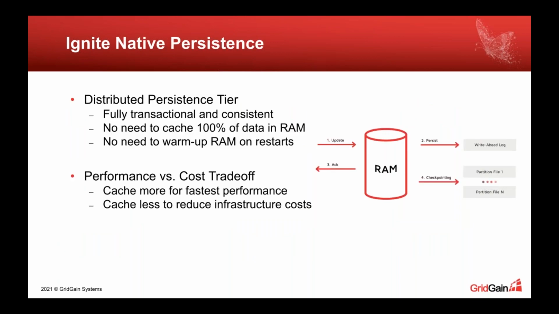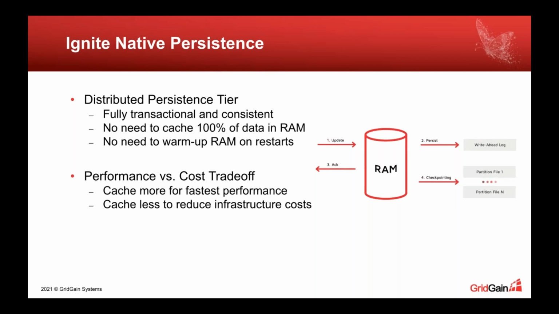So native persistence is essentially an additional layer of data storage, right? We have the in-memory layer, and then we are adding persistence to that. The way it works is that whenever you write something into memory, it will actually persist into the write-ahead log. And then the write-ahead log will be checkpointed to partition files that actually store the data.